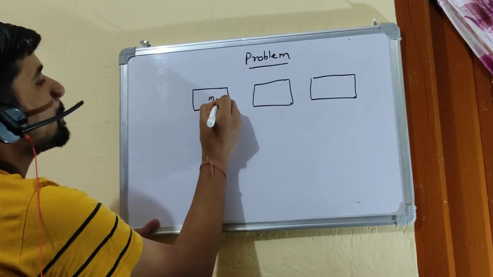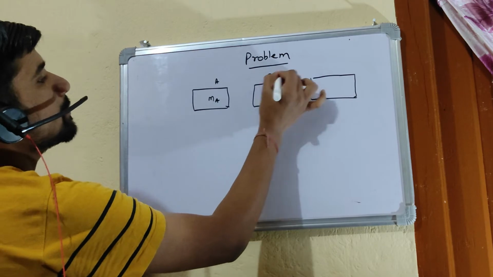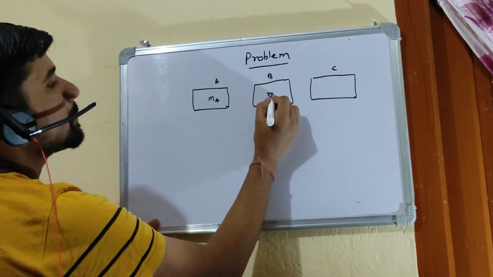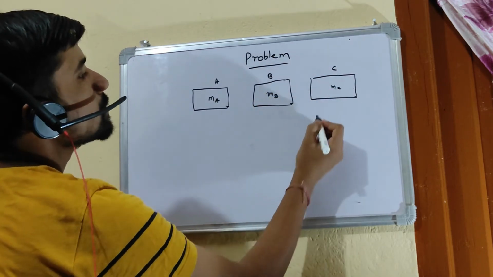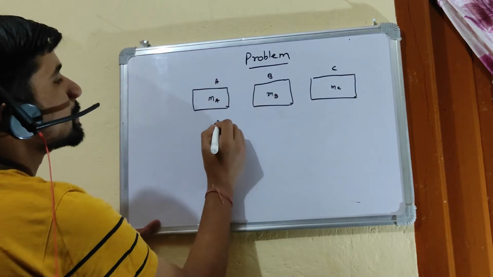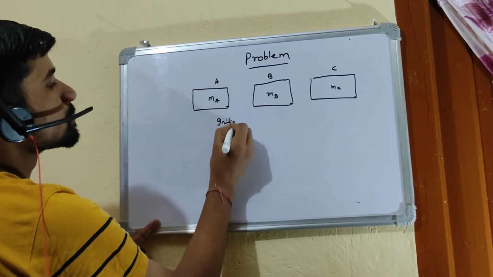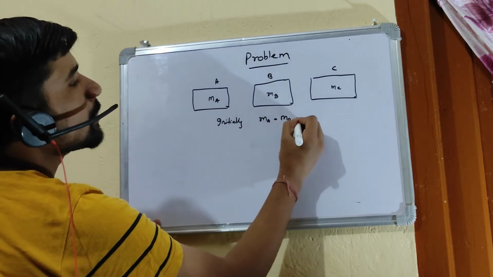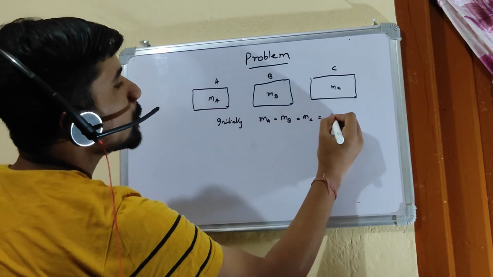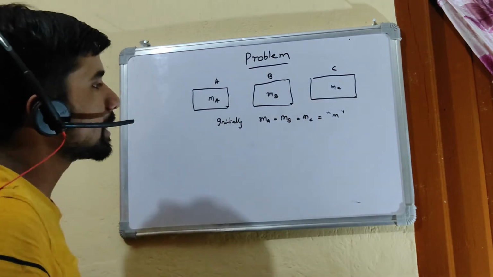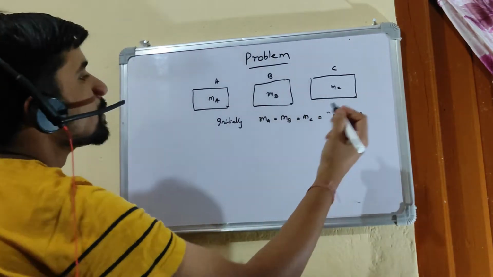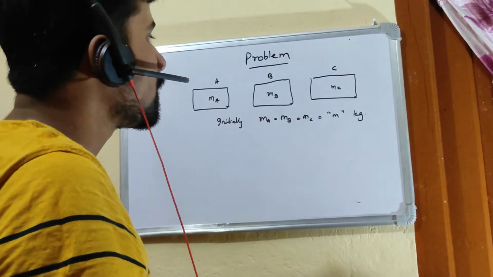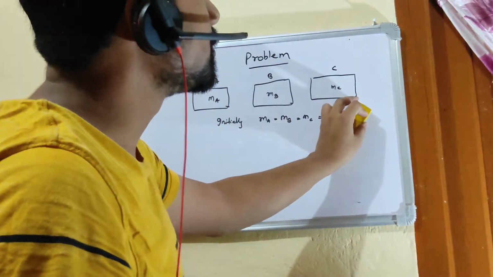Names are A, B, and C. Masses are ma, mb, and mc. So now we say that initially ma equal to mb equal to mc equal to m. Let's say it's m kg maybe. So this is the mass. Or let's ignore the unit as of now, be it any unit.